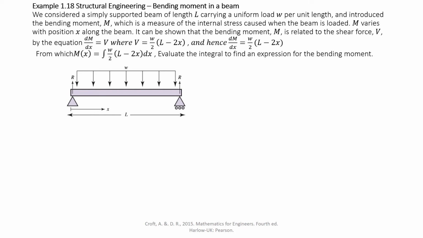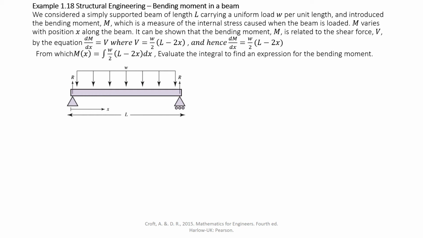M varies with position x. This moment is different at different places because the bending will be more in the middle, the bending will be very less at the ends, and slowly and gradually the bending will be increasing toward the center of the beam.